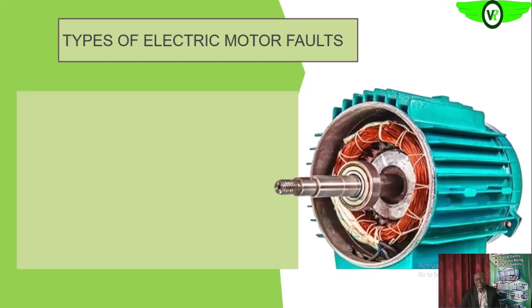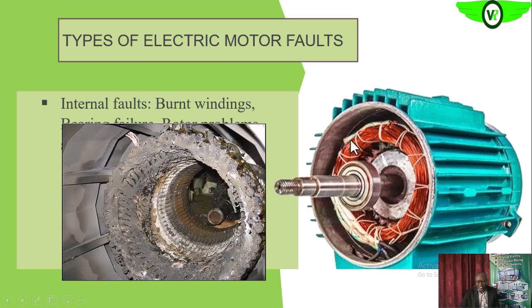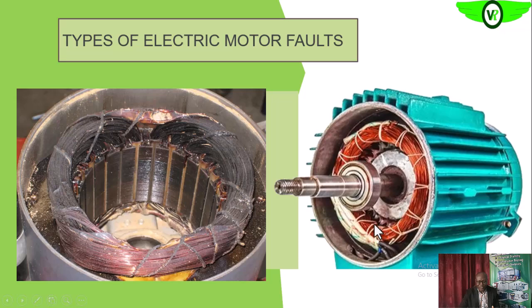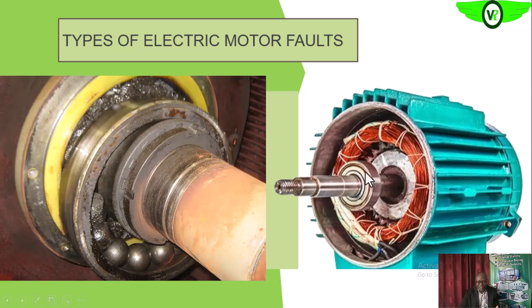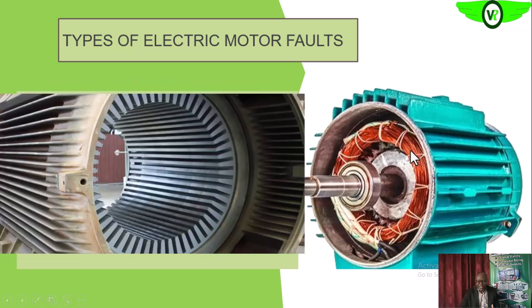We are going to look at three different types of electric motor faults. The first one is the internal fault, meaning the fault inside the electric motor, as you can see on your screen. That concerns the winding, which may result in winding failure; the bearing, which will eventually result in failure of the motor itself; the rotor; and of course the stator on which the winding is wound.